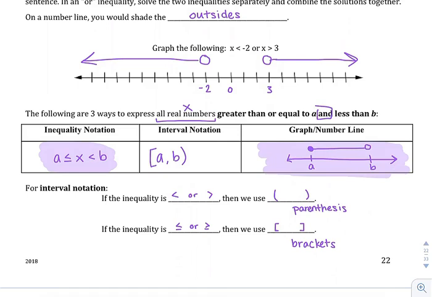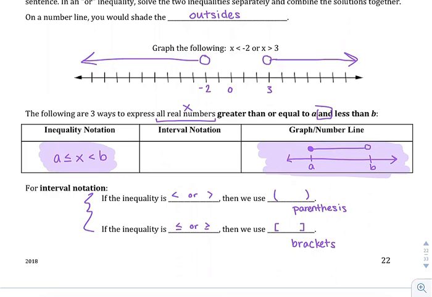If you look down here, if the inequality is not equal to, so it's just less than or just greater than, you use parentheses. It's saying it's coming up to that value but not including it. If it's greater than or equal to or less than or equal to, it has that equal to line, we use brackets.